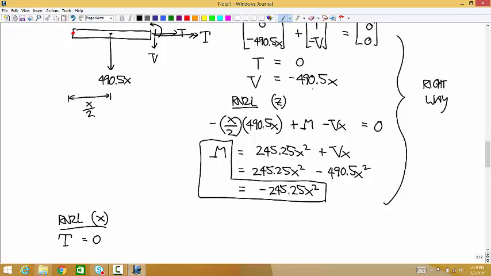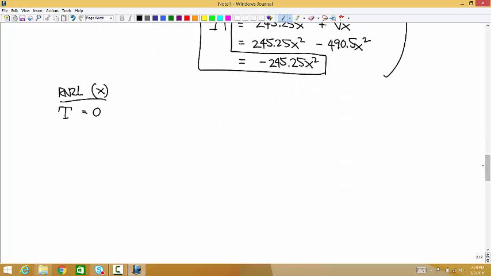And I'm going to do this in red because I can. Yeah, red means stop. Treat the distributed load as a point force.